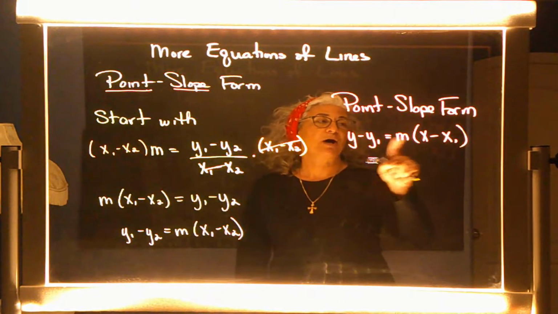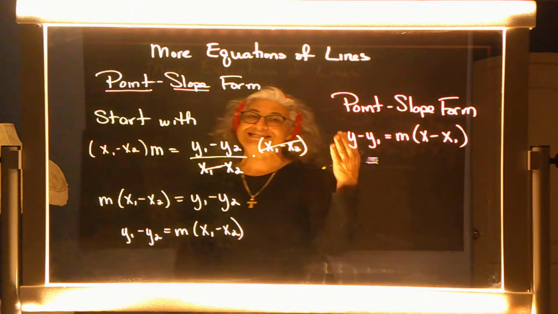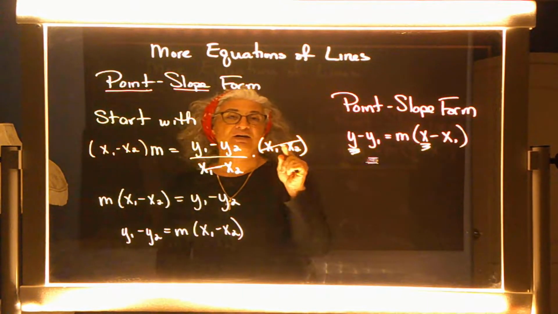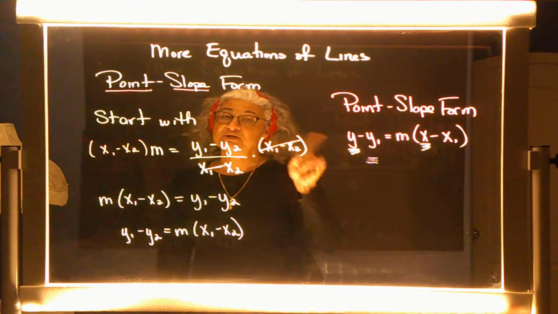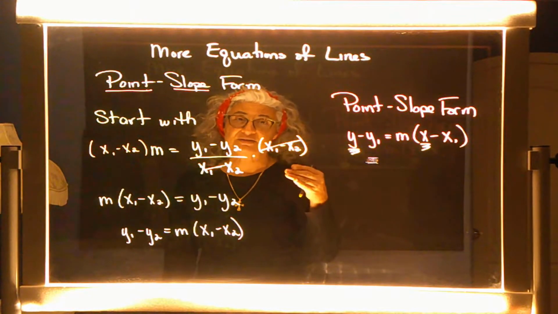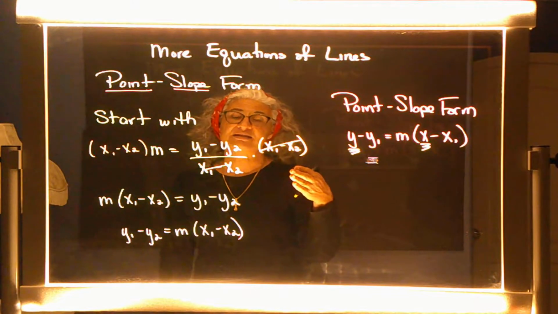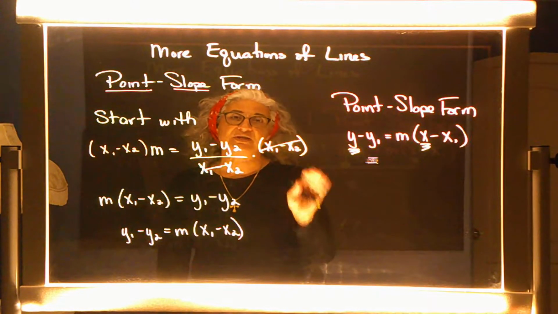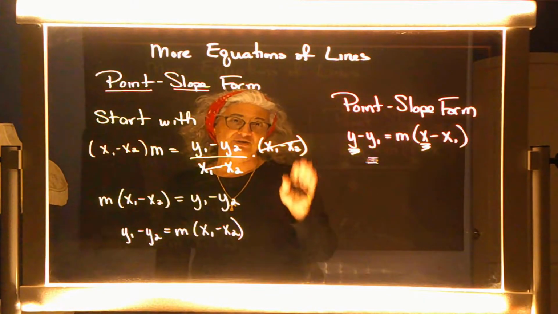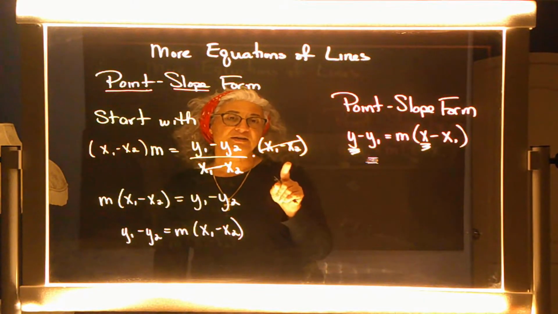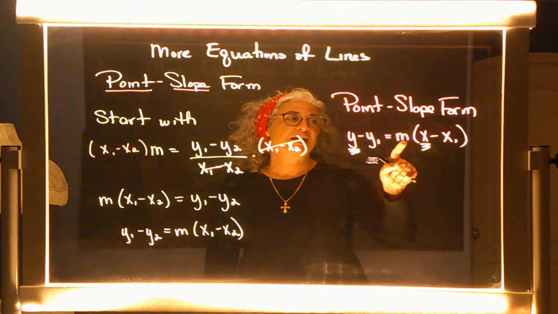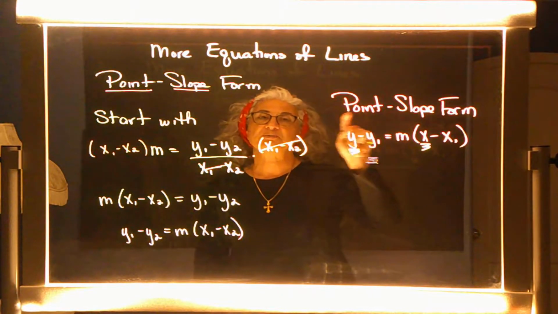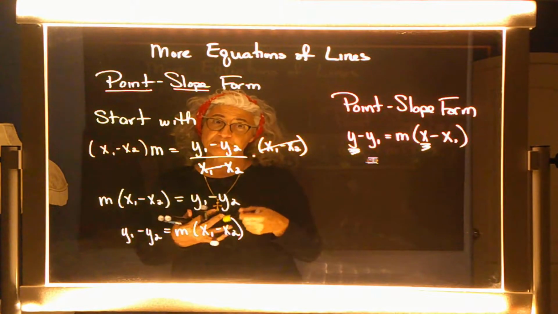I just have a y1 and x1, which means a single point. This y and this x do not have any subscripts, which means it's just a y and it's just an x, and we're not substituting anything in for either one of those. They will remain x and y. The only thing I'm substituting in is for m, which is the slope, and x1 and y1, which is the point. Are you with me?